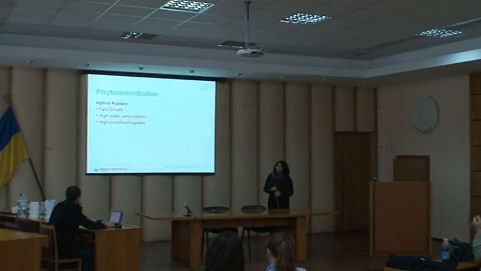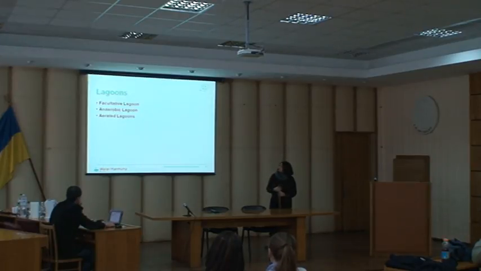They grow fast and they consume a lot of water, so we can use leachate for this kind of tree, and they have the ability to uptake heavy metals. Lagoons: there are anaerobic and aerobic lagoons to treat leachate, and facultative, so we can have both.